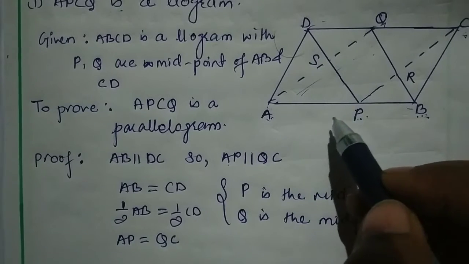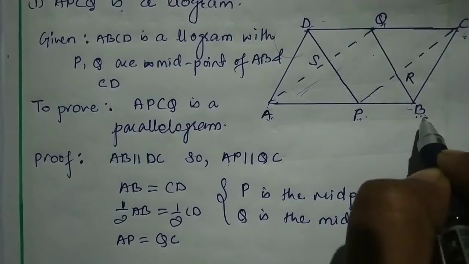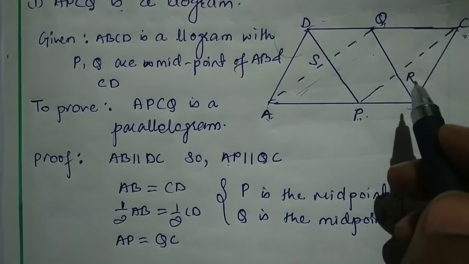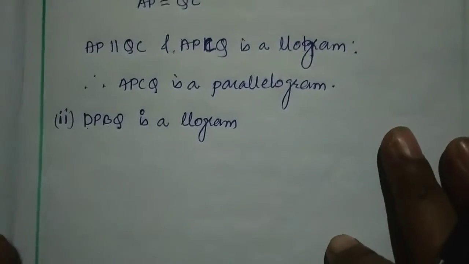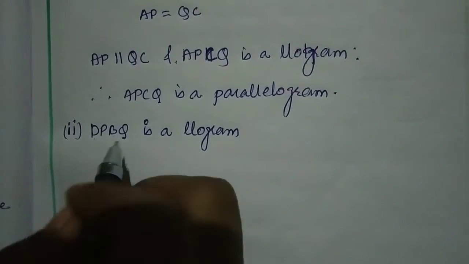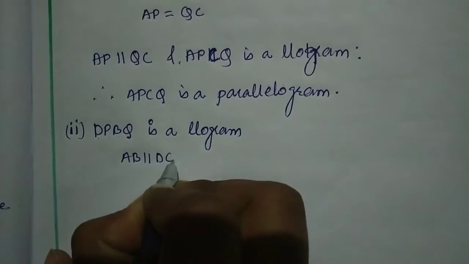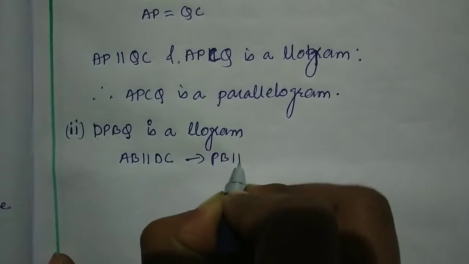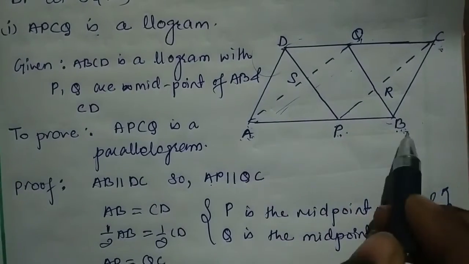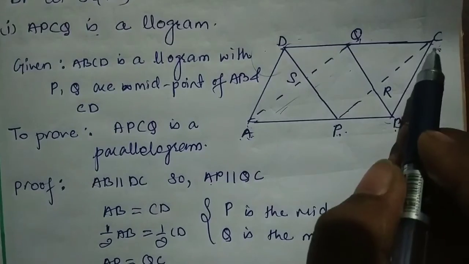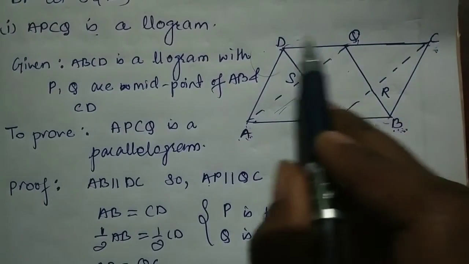In the second part we need to prove that PBQD, or DPBQ, is a parallelogram. In a similar way we need to prove this also. We already know that AB is parallel to DC, so PB is parallel to DQ. AB is parallel to DC, so we get BP parallel to QD.